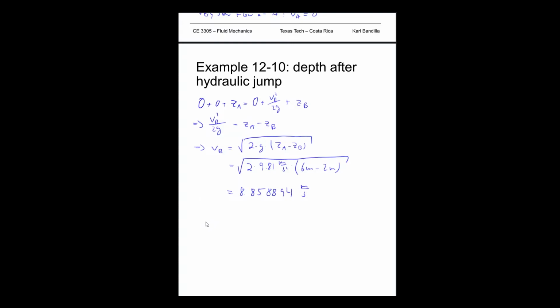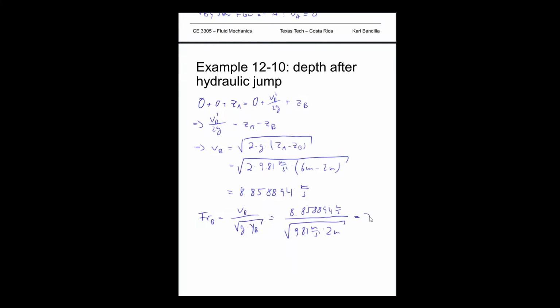Okay, now that we have the velocity, we can find the Froude number, see if it's bigger or smaller than 1. So we can say Froude at B would be VB over the square root of g times YB, which is 8.8588894 meters per second divided by the square root of 9.81 meters per second squared times, at B we have 2 meters.